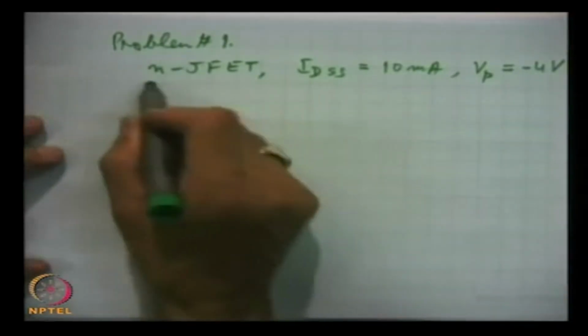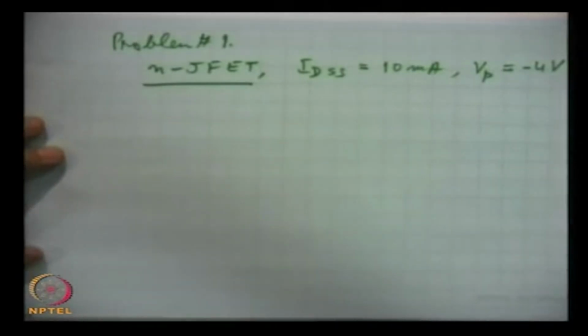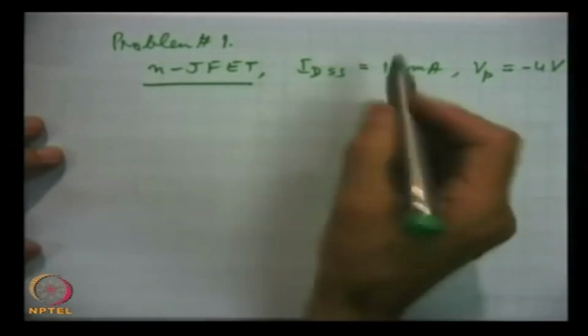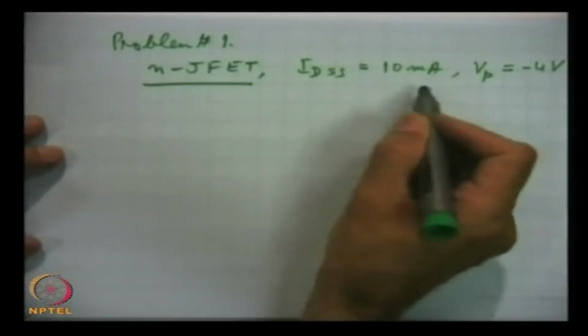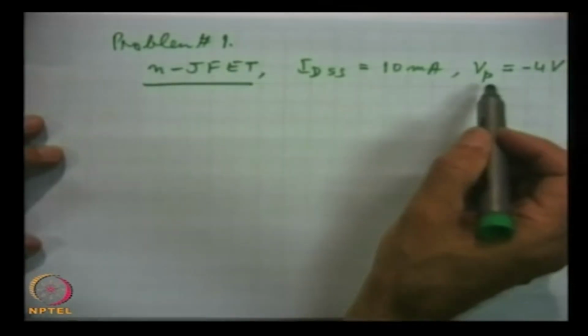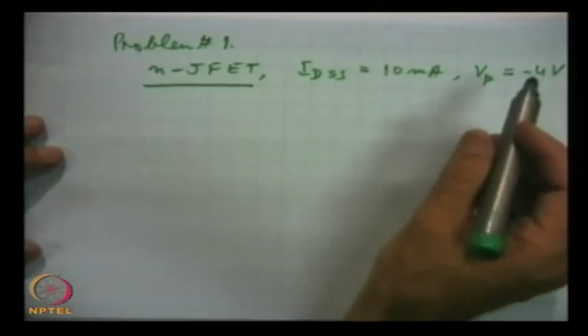So, in this N junction field effect transistor, IDSS is 10 milliampere and punch through voltage is 4 volts.